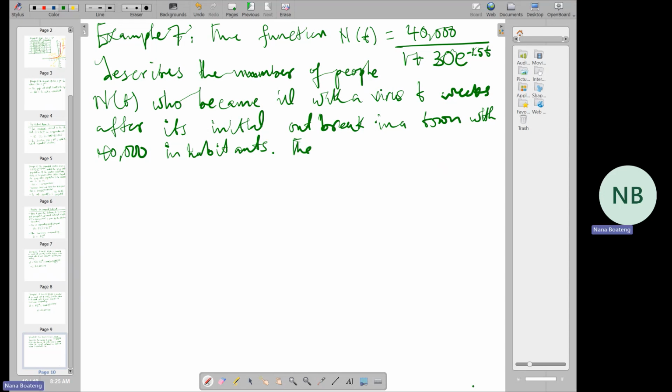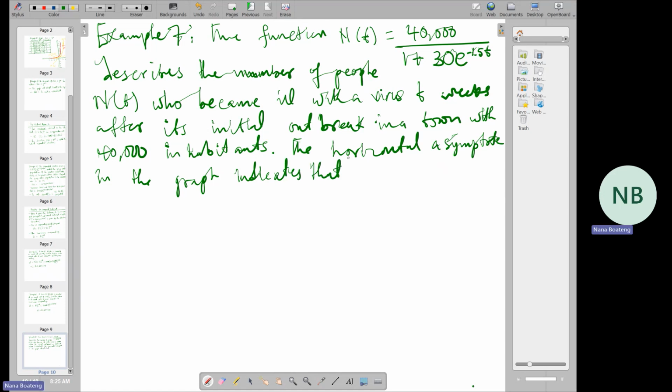The horizontal asymptote in the graph indicates that there is a limit to the epidemic's growth.